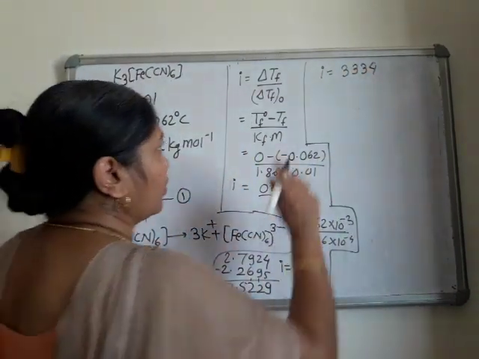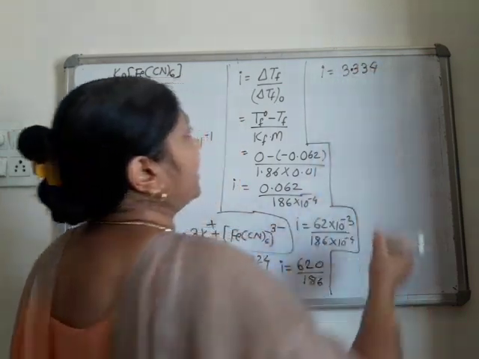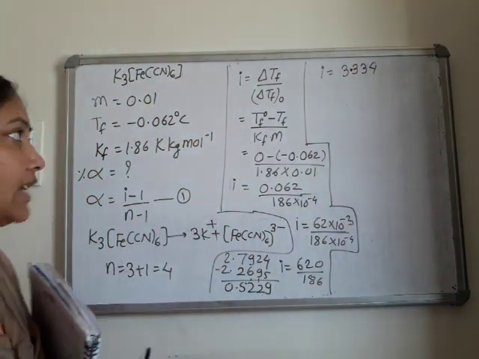The characteristic is 0. So i is equal to 3.334. This is the i value.